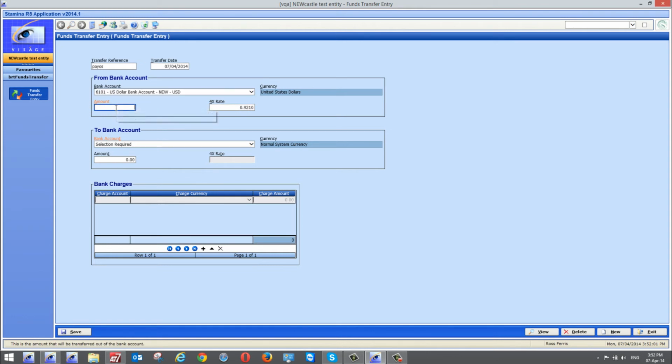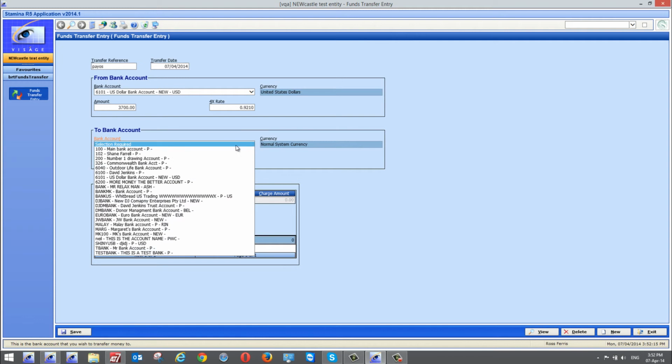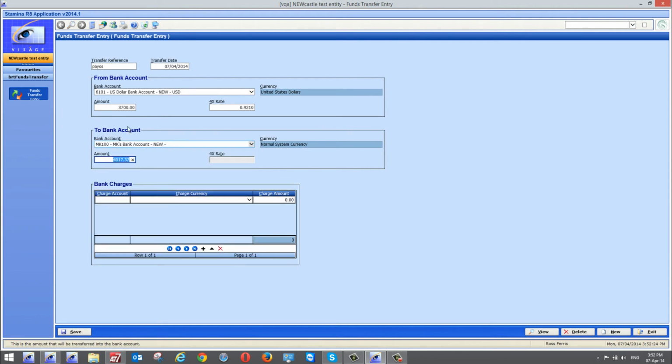So if I was actually paying, I think it was 3,700, well, let's say it's $3,700. That'll do for the purpose of this exercise. So if I was actually drawing $3,700 US out, I would transfer that into my main bank account. I believe the one I was using was my MK bank account.